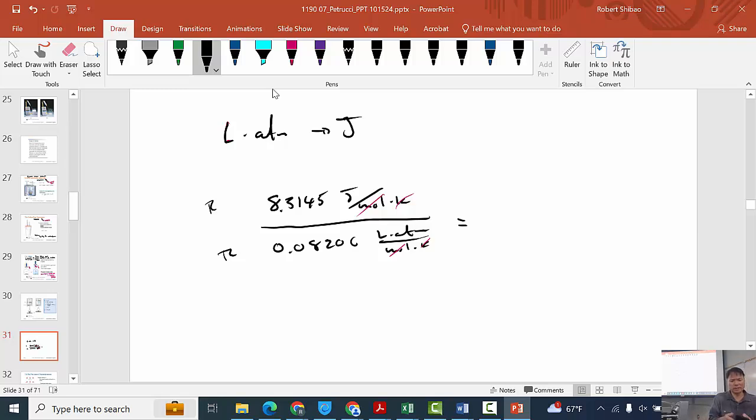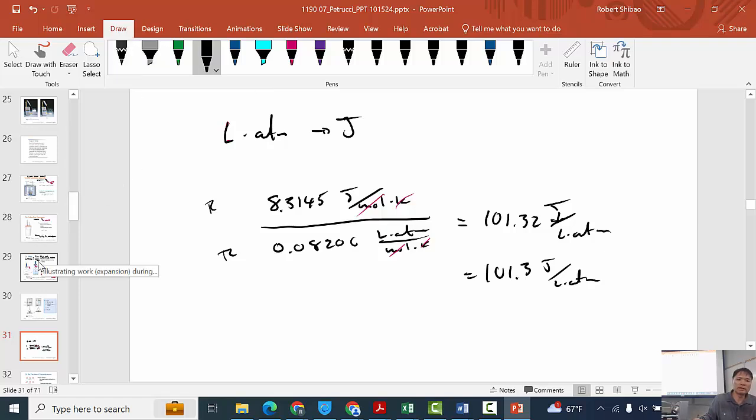Let's go ahead and do that here. We would have 8.3145 divided by 0.08206, and we got 101.32 joules per liter atmosphere. We'll just round it to 101.3 joules per liter atmosphere.